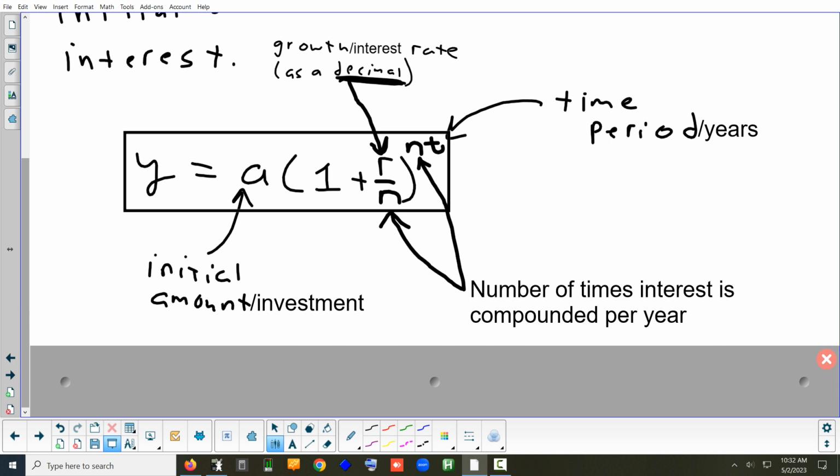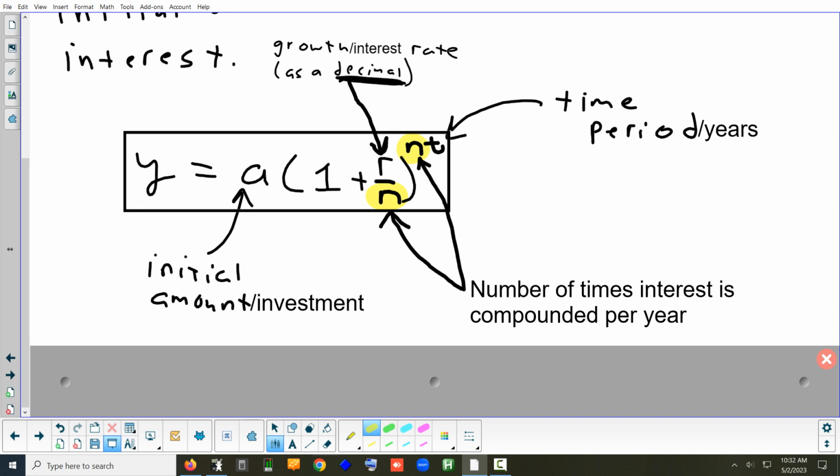The only extra thing that's in this formula that wasn't in the other one is this. I'll highlight it. That N and that N. That's the only thing that's different.